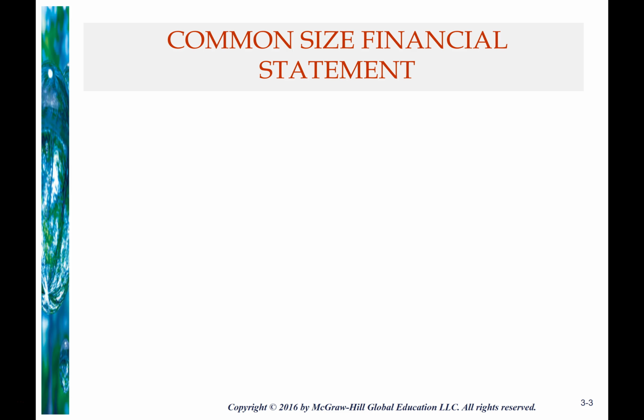Okay, so we said that common size financial statement converts dollars into percentages, right? So if you're looking at your balance sheets, it's the percentage of total asset. If you're looking at the income statement, it's percentage of your sales or percentage of your revenues.